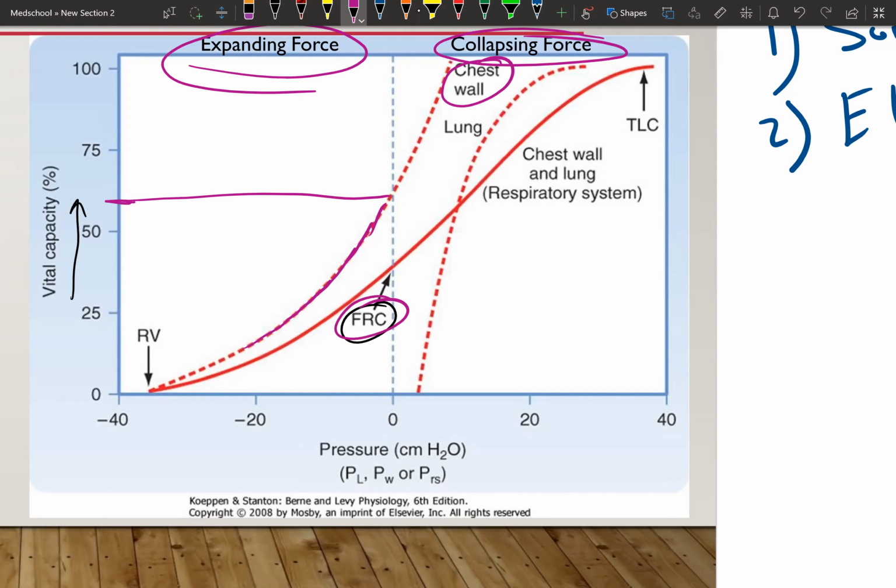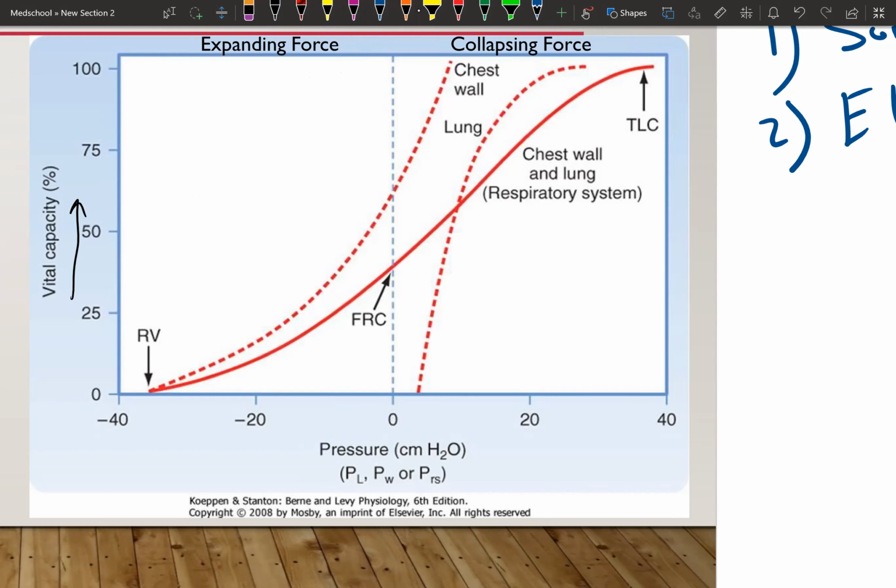Does that make sense? And so this graph is useful for visualizing the chest wall recoil, looking at vital capacity on the y-axis, and also saying, okay, expanding force versus collapsing force.